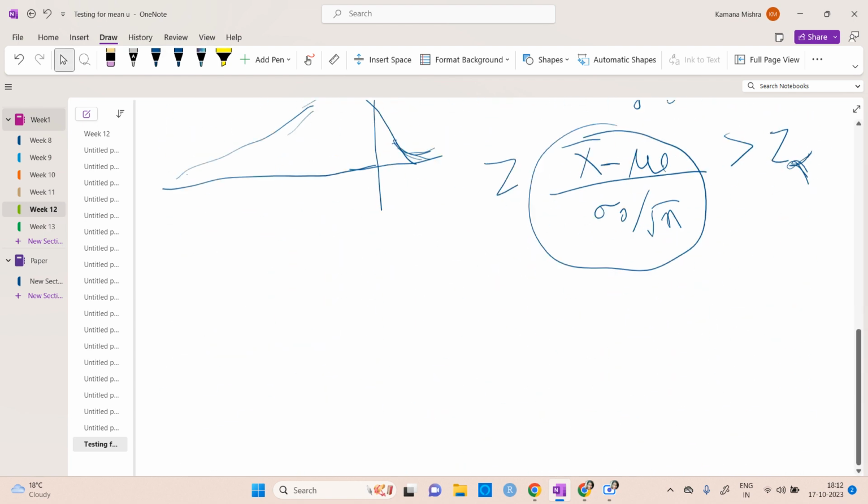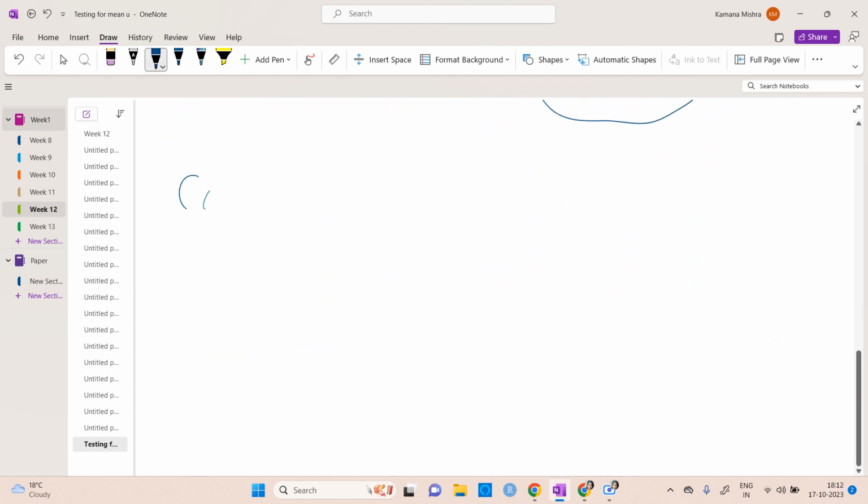Now if we take case 2, where sigma square is unknown, then we can perform the t-test.